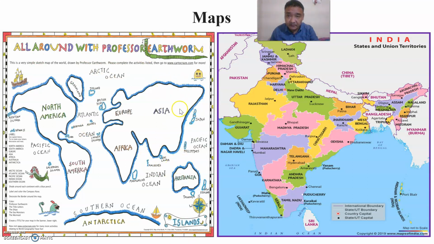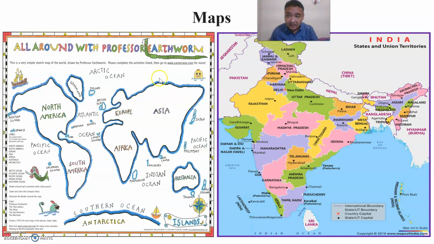It has components. You can see distance, direction, sketch, plan, everything in this map. Also this is called a thematic map. It has 3 types. It is a thematic map. It shows particular and specific information.